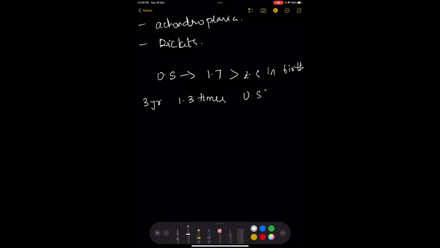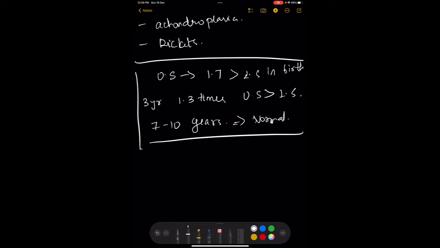The upper segment is more than the lower segment, but after 7 to 10 years this becomes normal. This is for the normal patient, but here it is disproportionate, so there is some disproportion in this short stature.